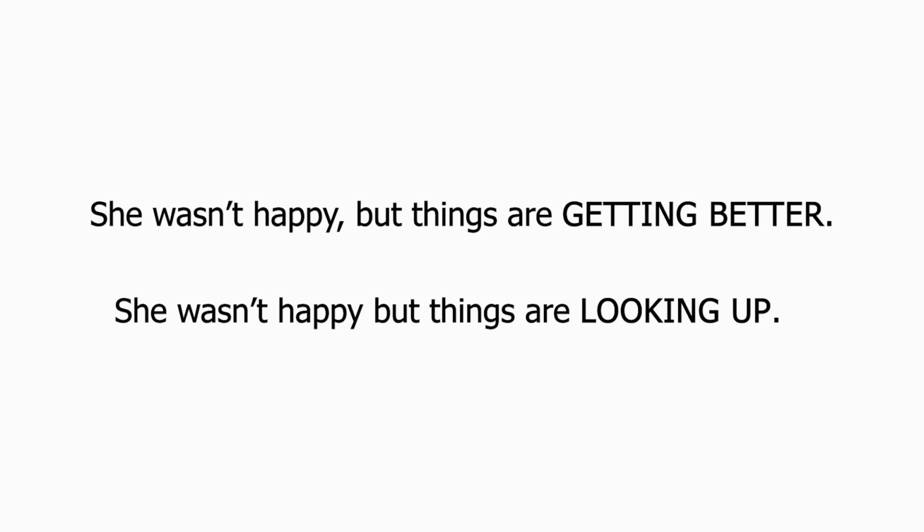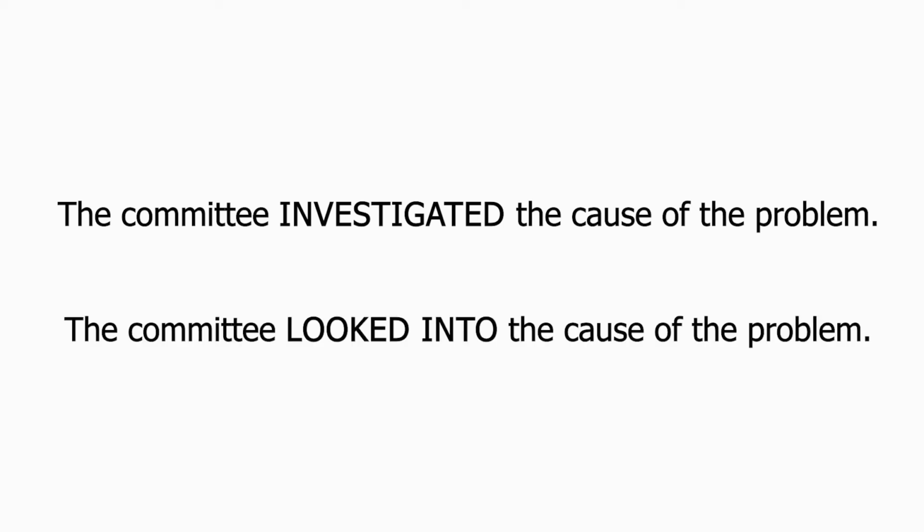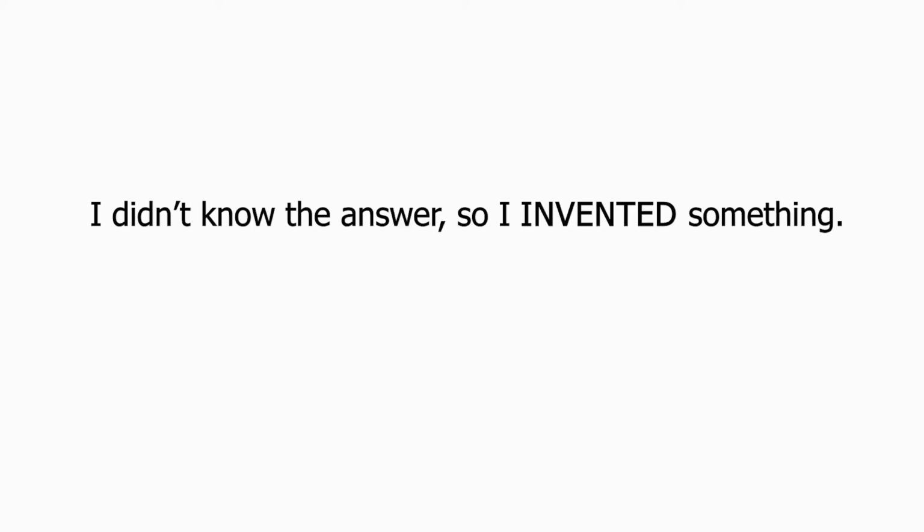She wasn't happy, but now things are getting better. She wasn't happy, but things are looking up. The committee investigated the cause of the problem. The committee looked into the cause of the problem. I didn't know the answer, so I invented something. I didn't know the answer, so I made something up.